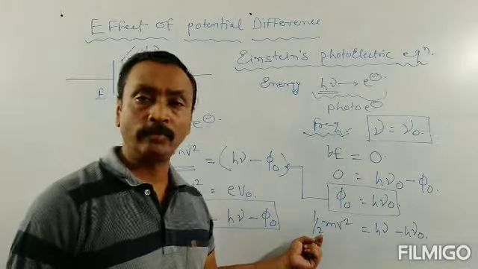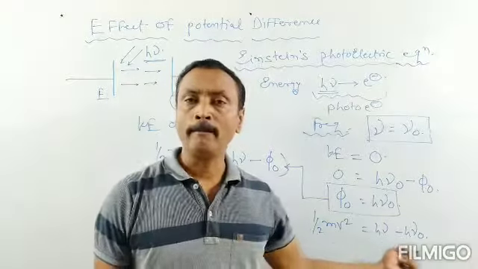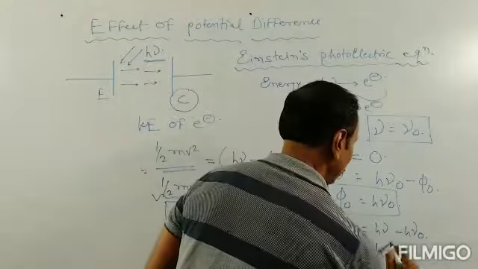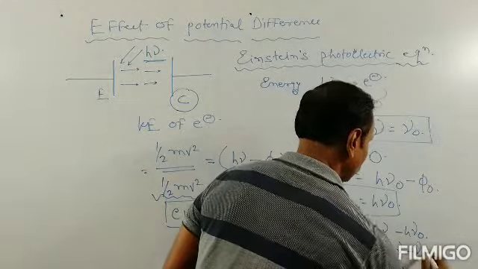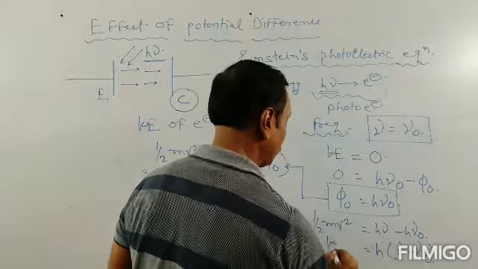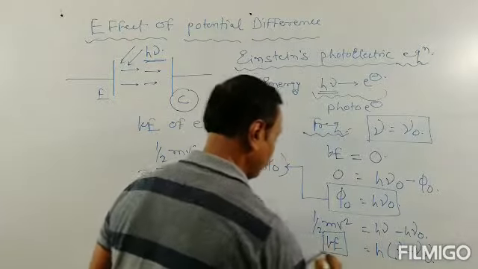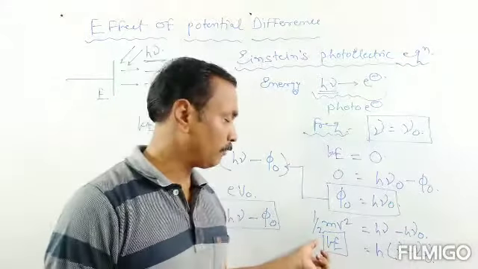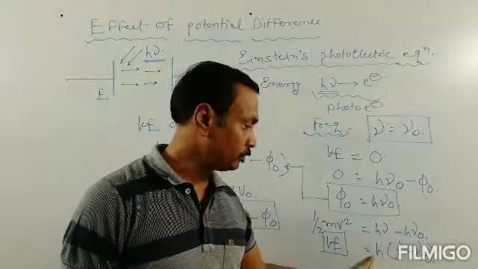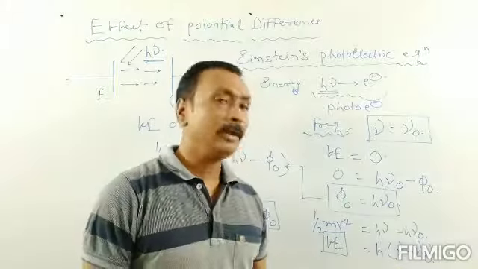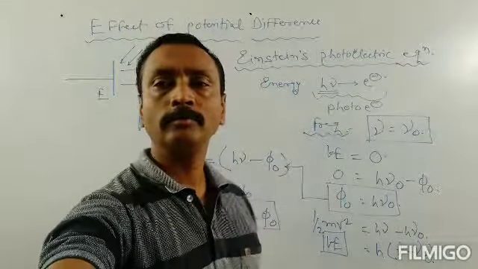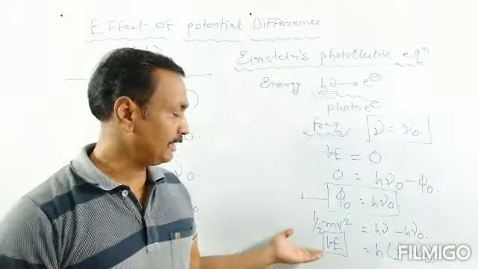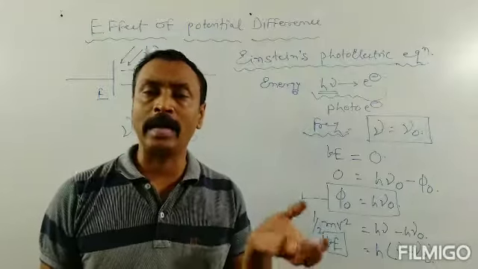Here h is a constant, so nu minus nu 0 gives the kinetic energy of the photoelectron. This is another form of the equation: the kinetic energy equals h within a bracket nu minus nu 0. From this equation we can clearly say whether the photoelectric current appears or not.